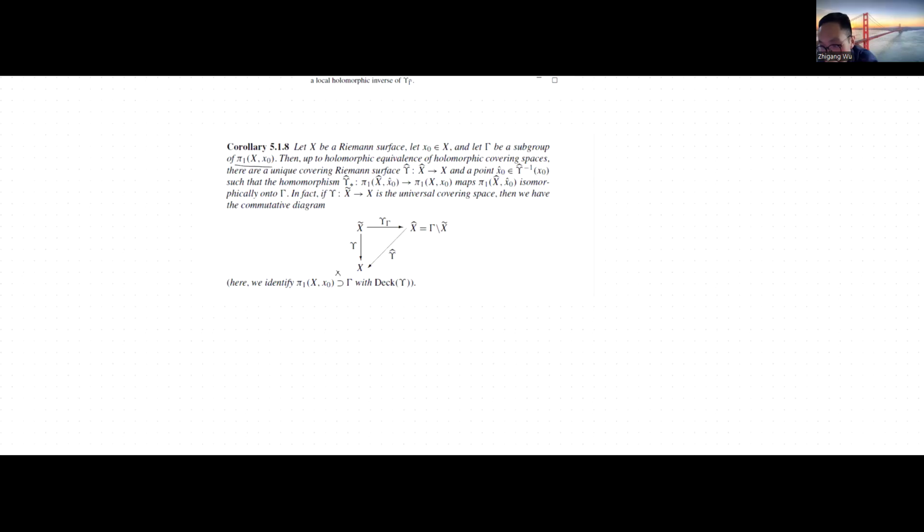Then up to holomorphic equivalence of holomorphic covering spaces, there is a unique covering Riemann surface, gamma hat, from X hat to X.